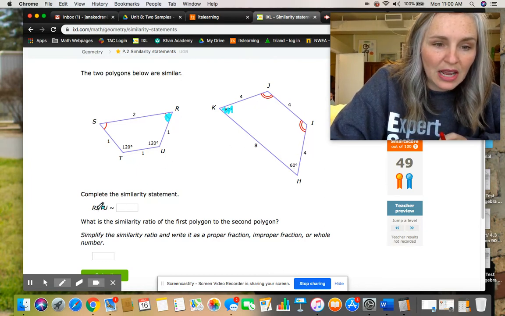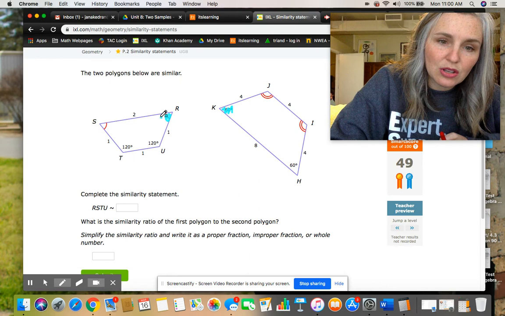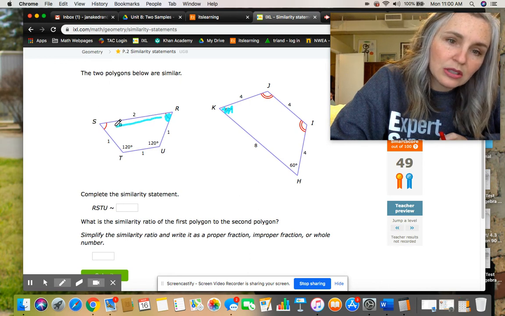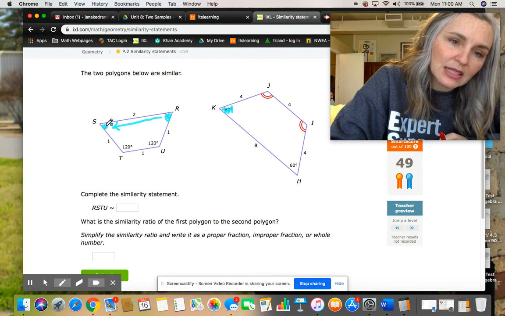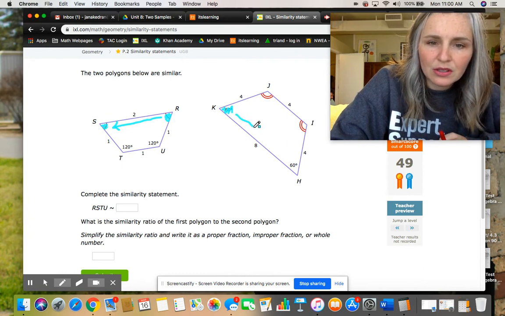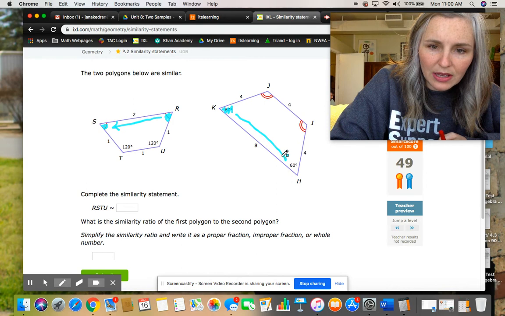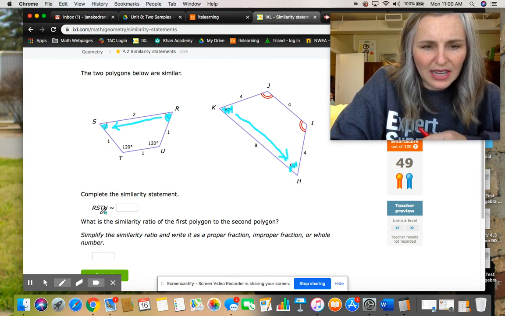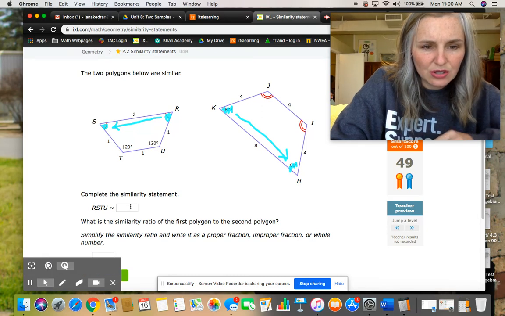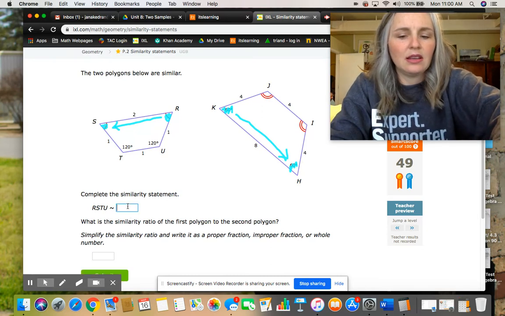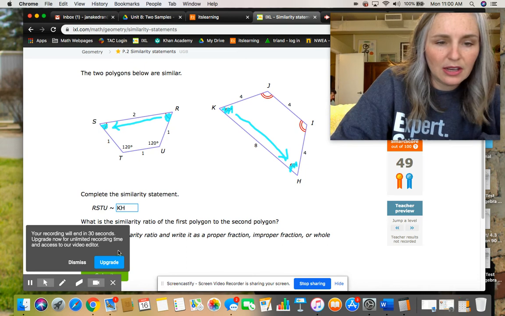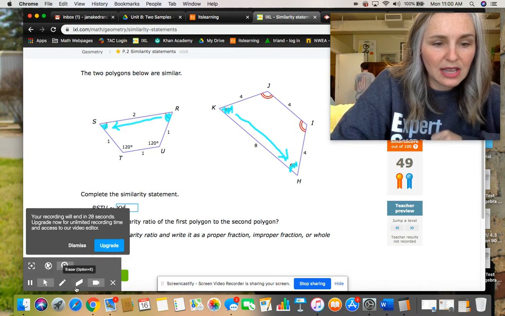And then my next one that I'm looking at is S. So going in this order, okay, R to S, I'm looking at my next 1 mark angle. So that would be this angle right here. All right, so I would say K to H. So this would be KH, and then going in the same order.